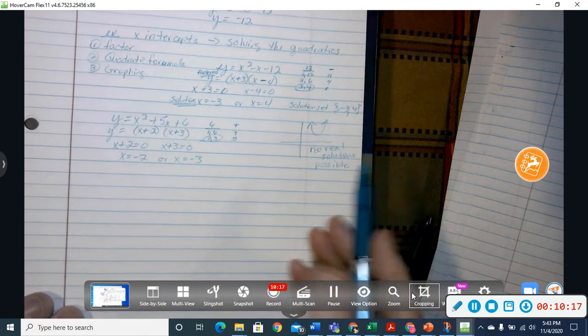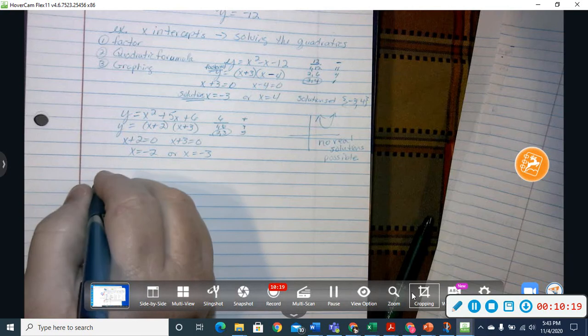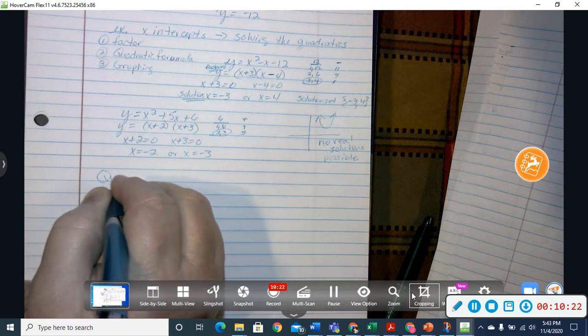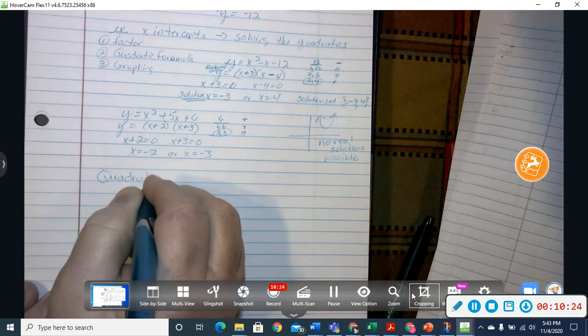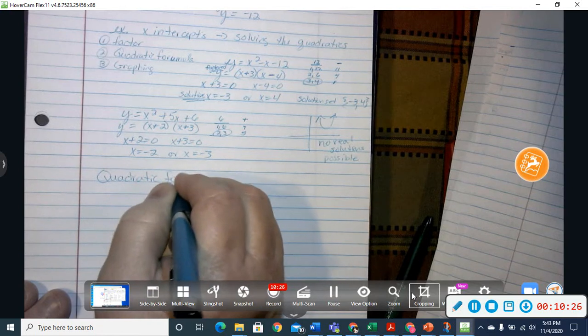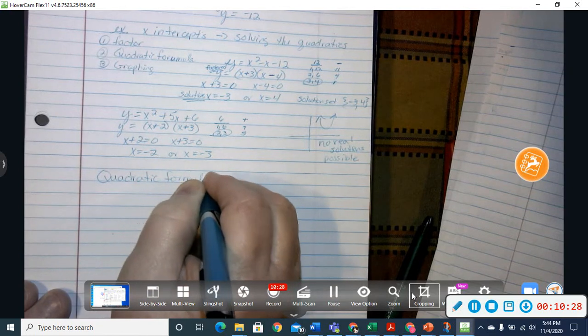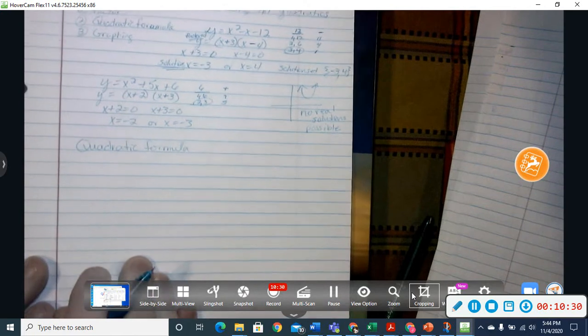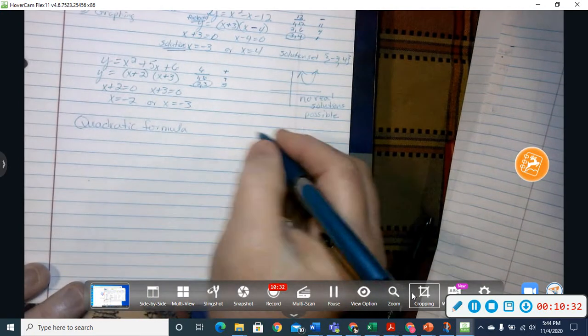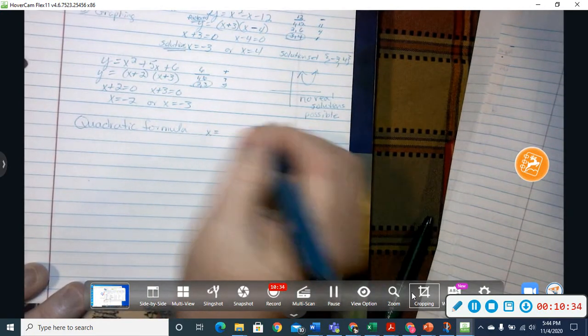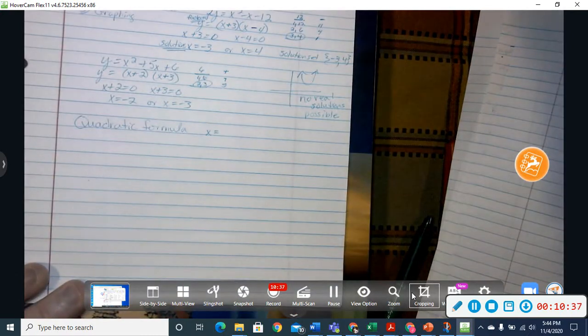But because of that, we also got into the technique of using the quadratic formula to help us solve problems. And so what is the quadratic formula? The quadratic formula is a method that when factoring is not easy to do, we sometimes went to.